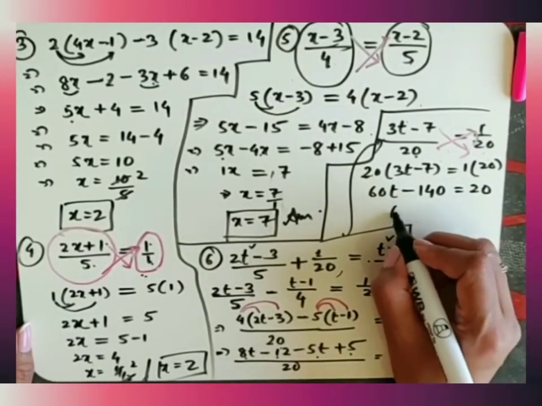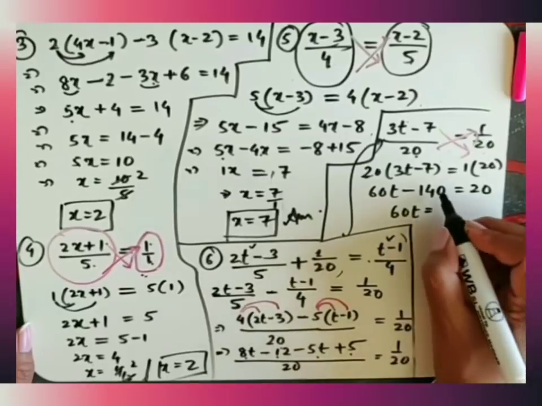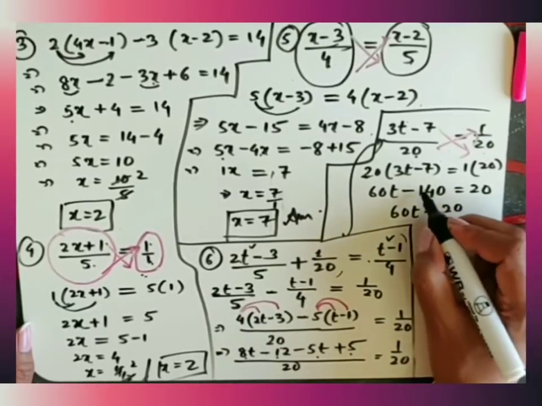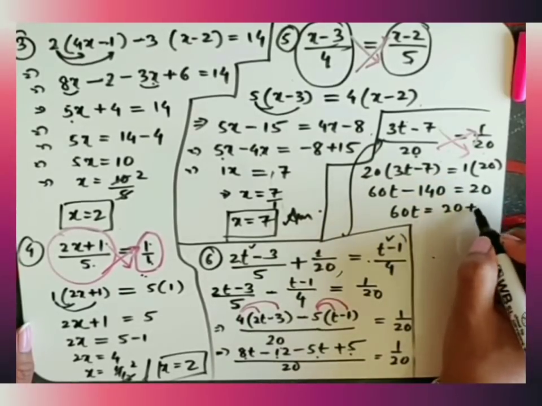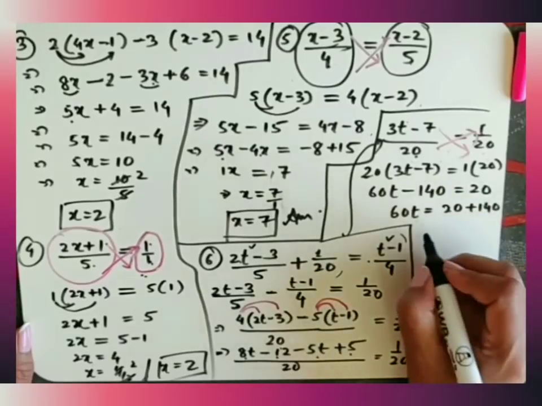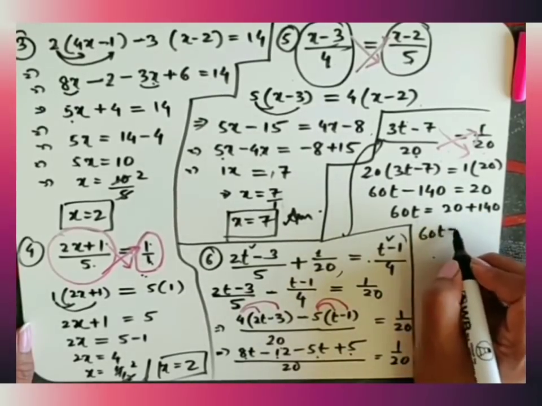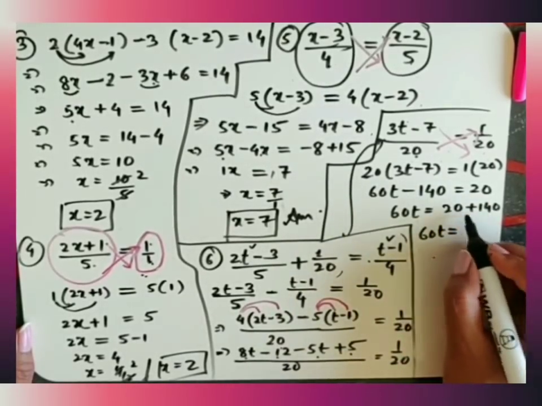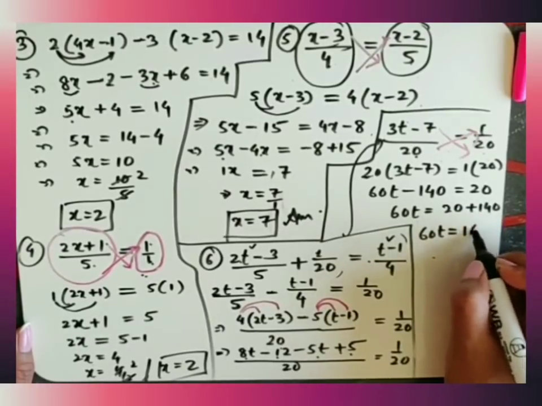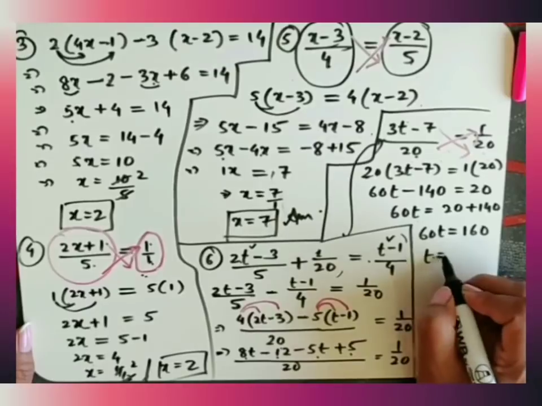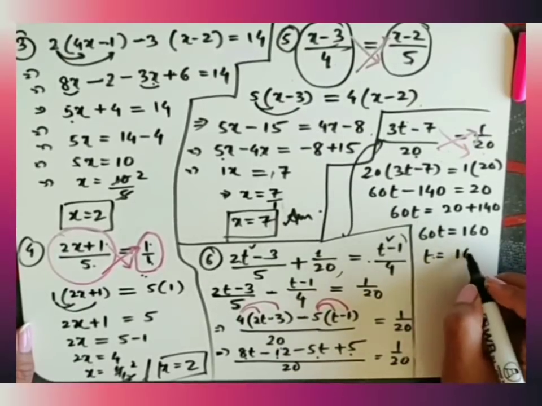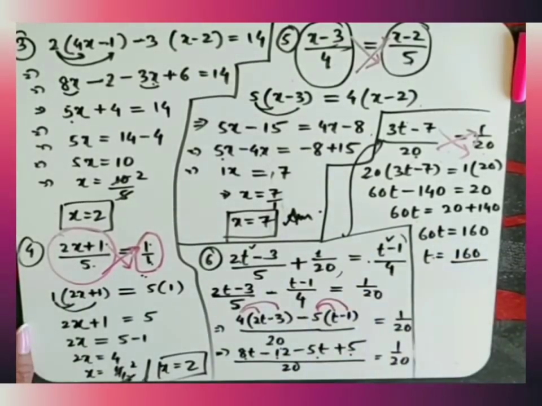Here it will be 60t equal to 20, and this plus 140 goes here. 60t equal to 120, 140 plus 120 is 160, and t equal to 160 over.